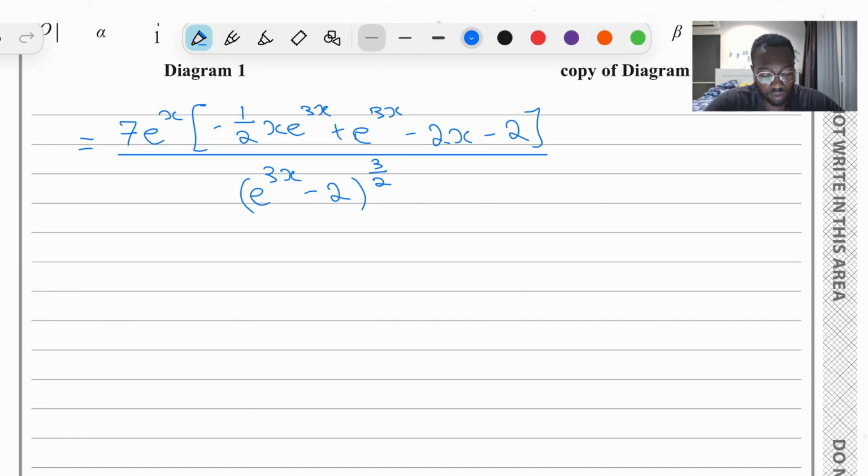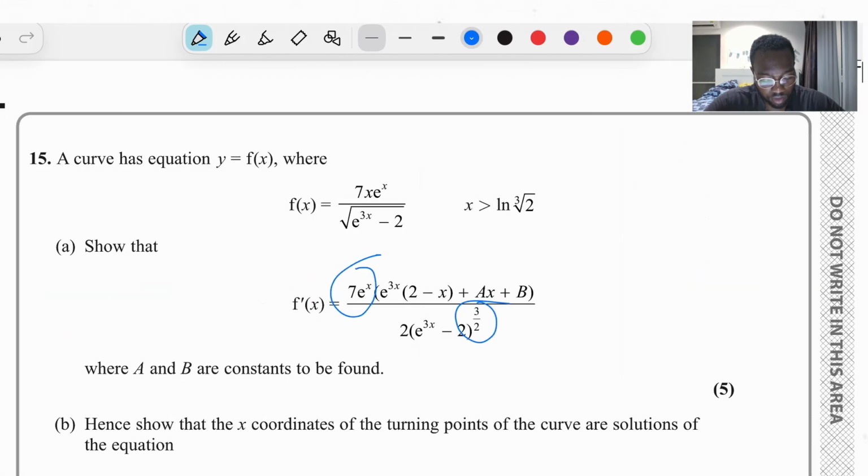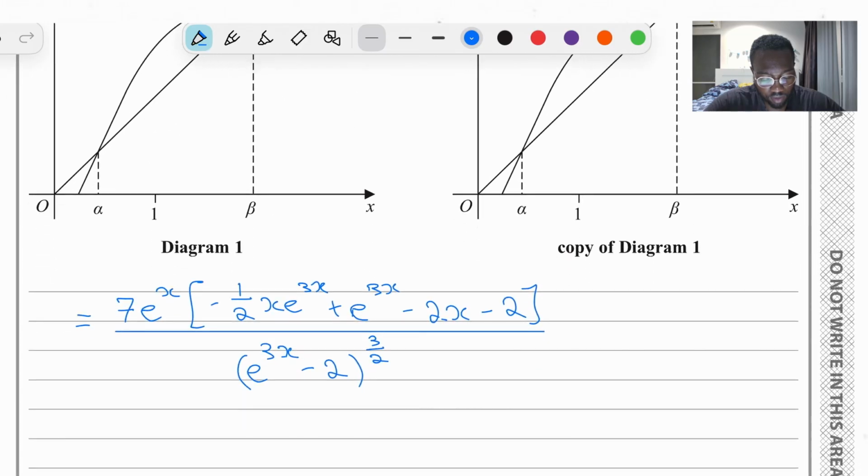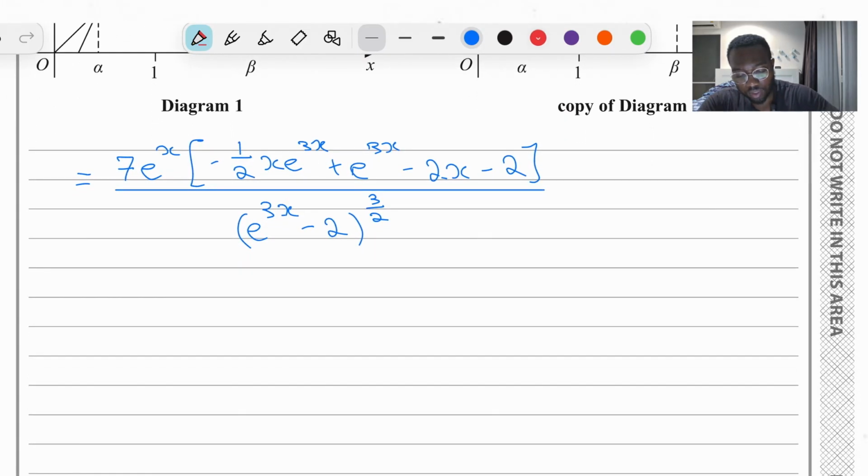And now what we can do is, in our answer, we have this 2 at the bottom. So again, what we can do is just multiply both sides by 2. And if you do that, in this case, because we want 7 e to the x on the outside of the brackets, we're going to multiply inside the brackets. So we'll get a 7 e to the x, okay? And then we'll multiply everything in the brackets by 2.